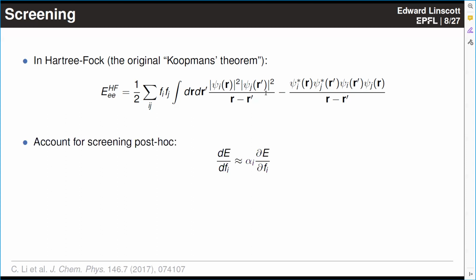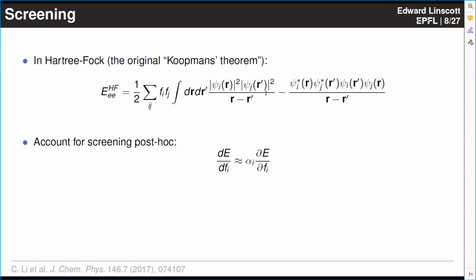So the idea behind Koopmans functionals is we do the same approximation when we derive the Koopmans functional, going from this core idea of trying to impose this generalized piecewise linearity condition and deriving our functional form. So we neglect the dependence of our orbital densities on their own occupancies. And because we do this, we need to account for it post hoc.